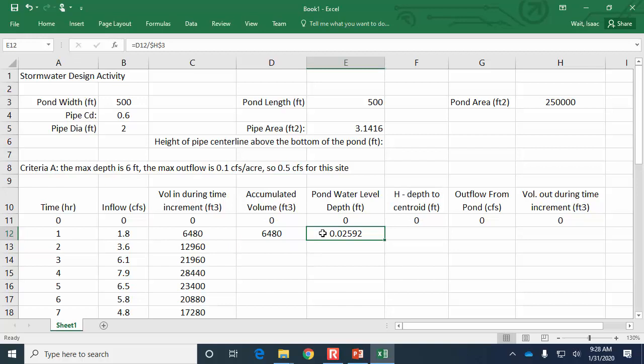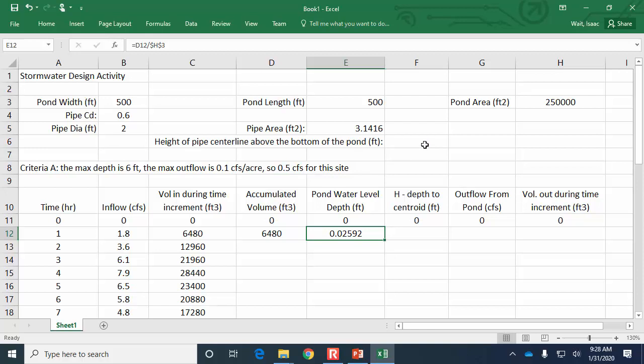Now, what you'll notice is the water depth is only 0.03 feet for how big this pond area is. And so the depth of the centroid is the height of the pipe center line above the bottom of the pond.